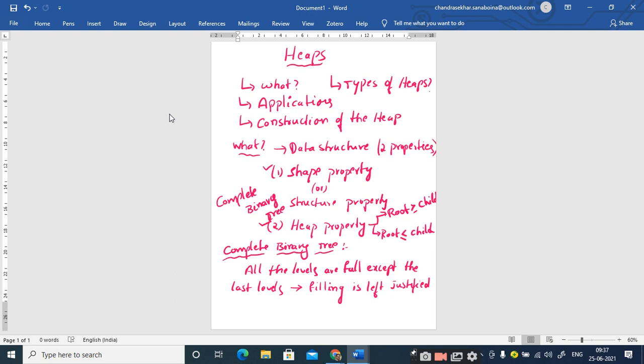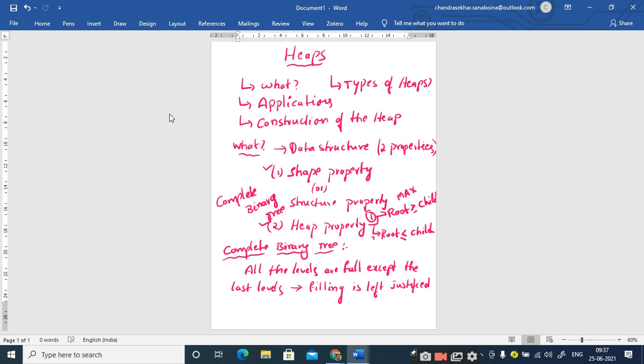And similarly the root can be less than or equal to its child, where this property should also be satisfied by all the elements in the heap, right? So if we have the first type of property, that means the root is greater than or equal to child, we call such type of heaps a max heap.